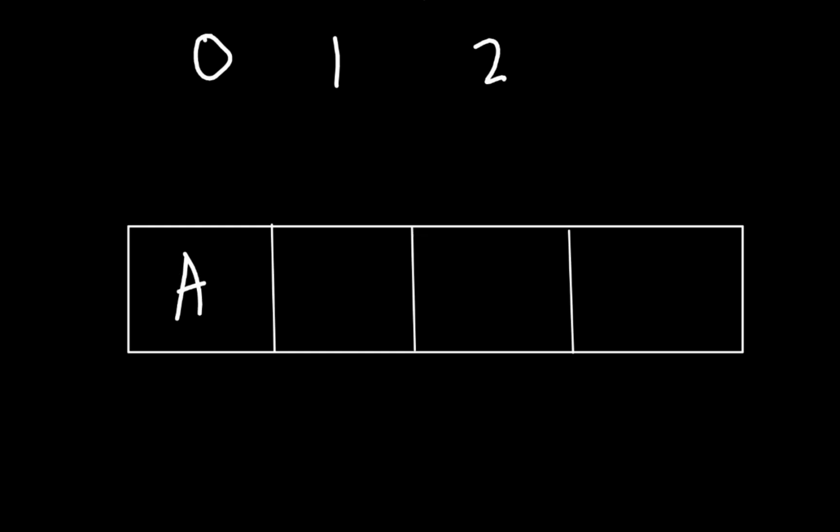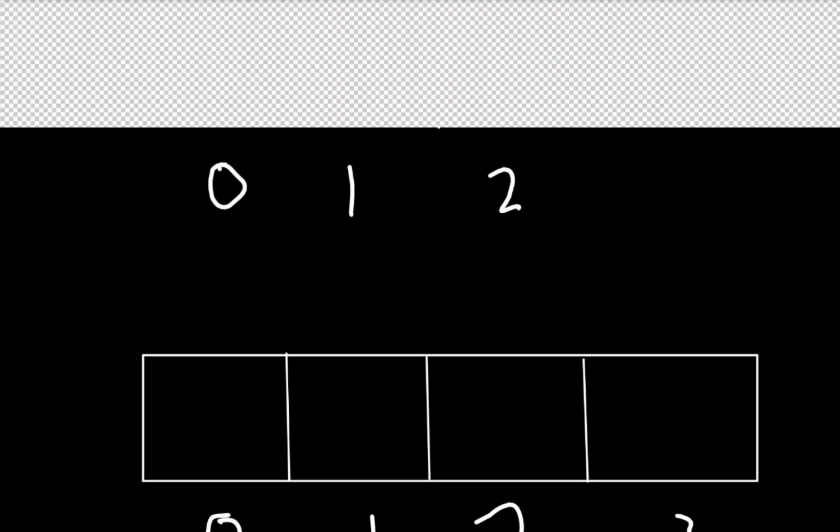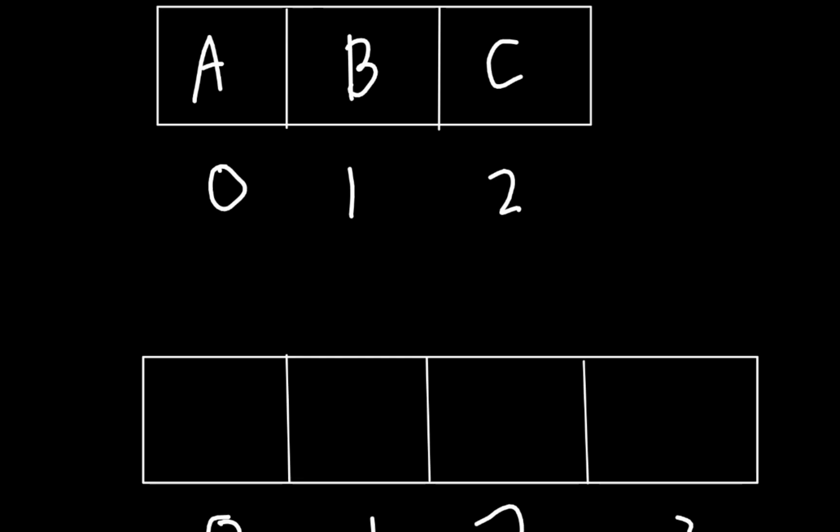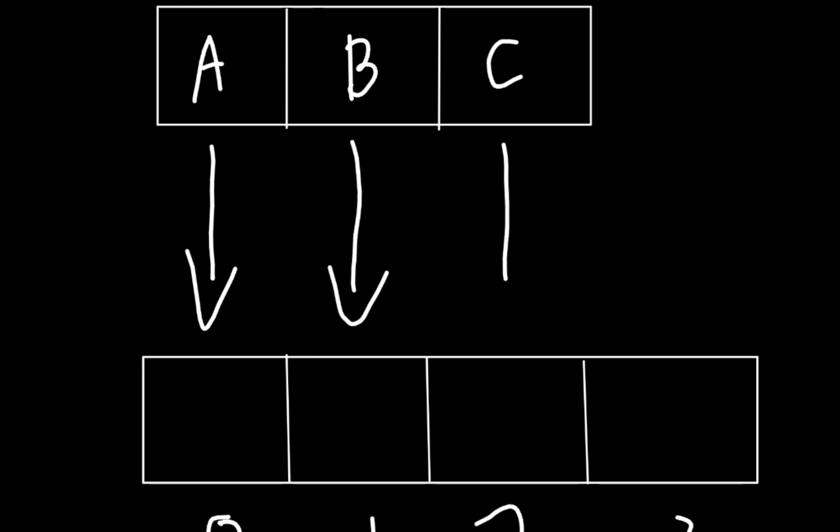Now we can store another value by increasing its size. What we do here, I think, is pretty obvious: we just copy the old values into the new array, and then we have a new space for the fourth slot, where we will put D.